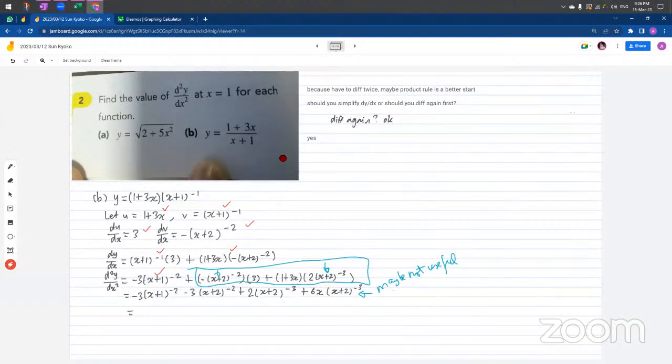Kyoko, are you stuck? Okay, Kyoko, this one, I will do it for you first, and the reason is because I want you to move on from here for now, right? Okay, so focusing on the similar thing.